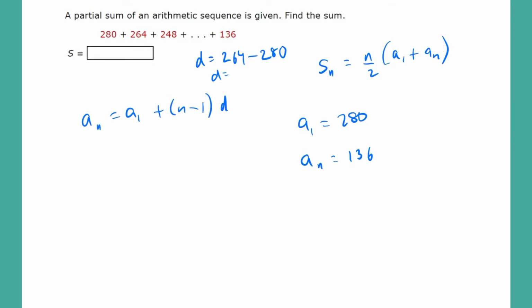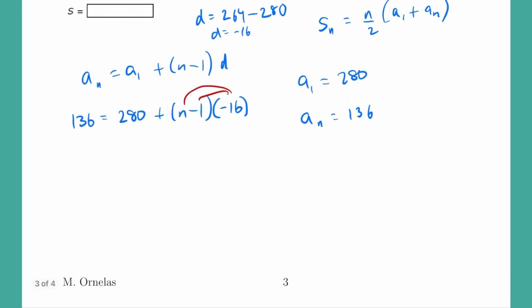Let me just double check. Sorry, negative 16. All right, so we know the first term, we know the last term, and we know d, so that's going to allow us to solve for n. So the last term is 136, the first term is 280, n is unknown, and our common difference is negative 16. So if we distribute, we'll be able to solve.